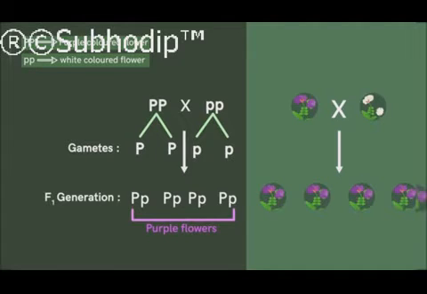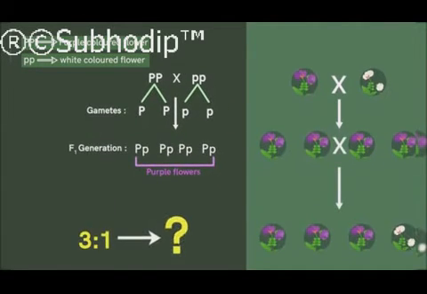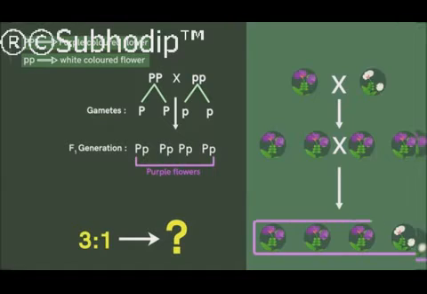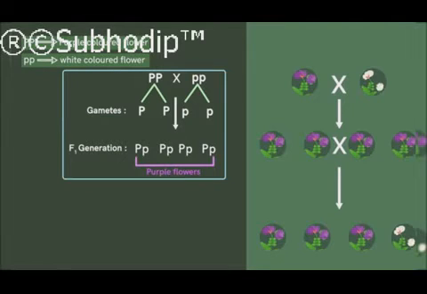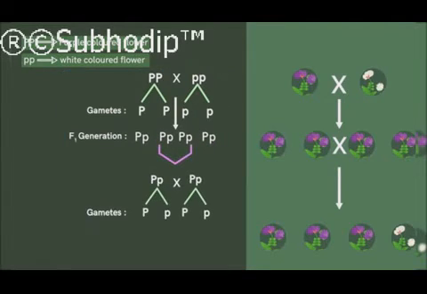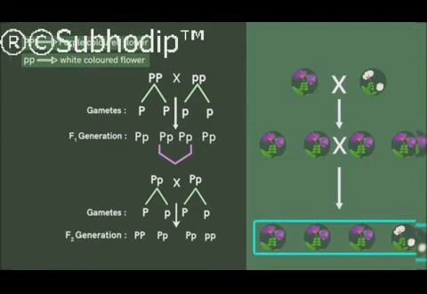Now, can you guess why the ratio 3:1 is obtained in the F2 generation? Let's find that out with the help of a similar theoretical cross. Here, we take any two random plants from the F1 generation. Crossing these two, or even by carrying out the selfing process in a similar fashion, gives us this result.